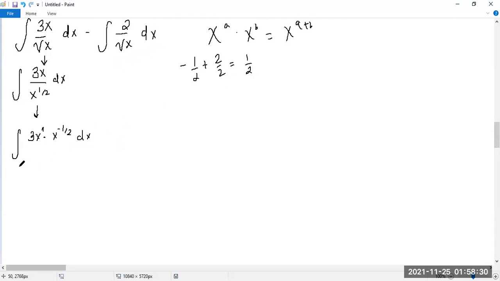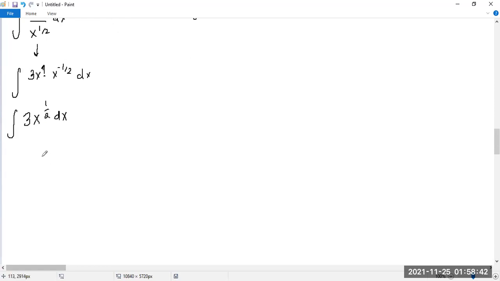So this is the same thing as taking the integral of 3x to the 1/2 dx, which is fairly easy. I'll ignore the constant and add 1 to the exponent: 1 over 2 plus 2 over 2 is 3 over 2, and I divide by whatever this exponent is, so it's 3 over 2.